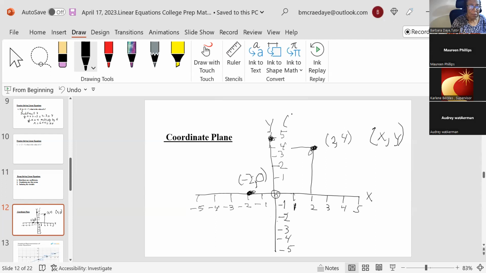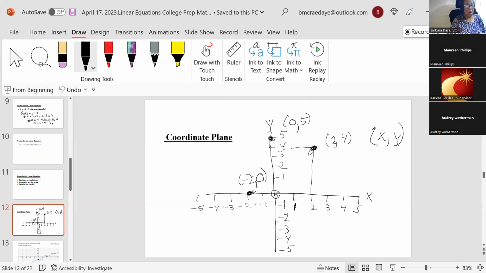What's my x and what's my y? The x is 5. No, that 5 is y. Remember, I said if I'm on the y line, then the x is 0. So x is 0 and y is 5.